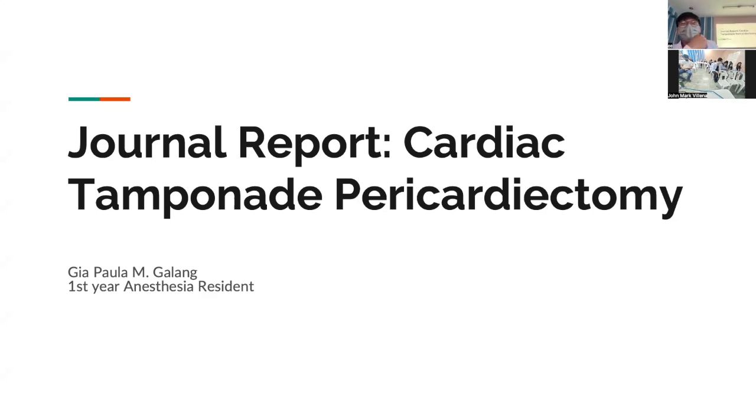Wala po sinabi. No. No. Depende sa nature ng surgery.